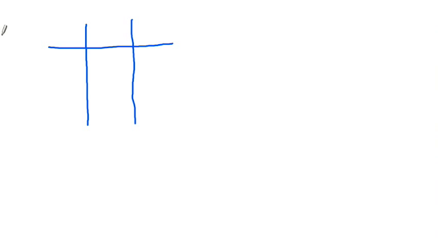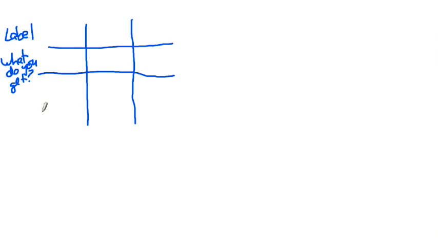Usually what I want to do is label it on the top, what's going to happen, describe it in some way. The second line is, what do you get? Or lose, if you're losing money.